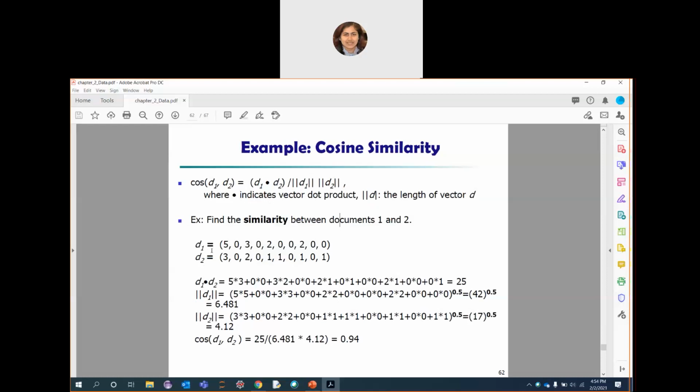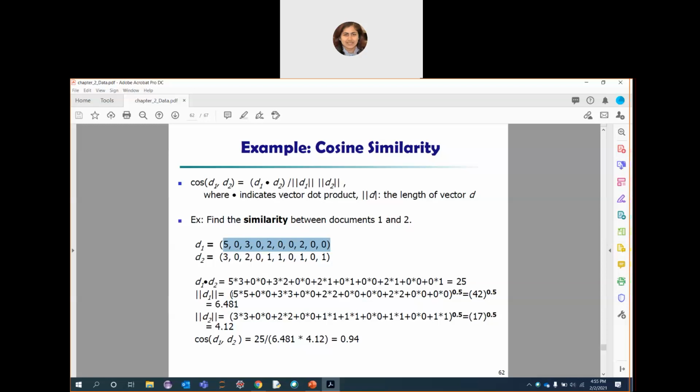How do you find that? Just consider the first one, only this one. To find the norm, you consider 5 into 5 plus the second one, 0 into 0. Each number is multiplied with itself and they are added together.